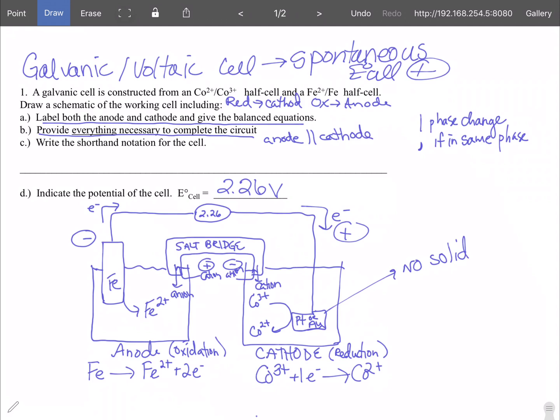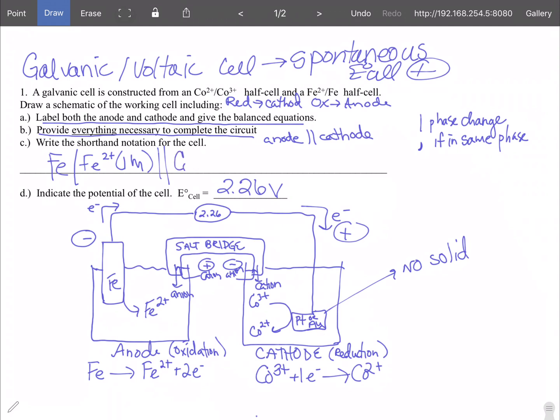So when we write this, we're going to pretend as if we're writing the circuit again. We start at the outside, which is the iron. Phase change because it's a solid. We're going to go to iron 2 plus, 1 molar, because it's an ion. Salt bridge.